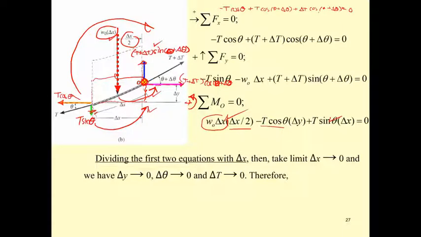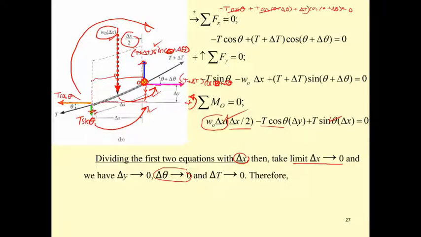Since this delta x is really small, when you take the limit approaching 0, delta theta approaches 0. So you may have this term and this term be very small. And then you will have the rest of this.